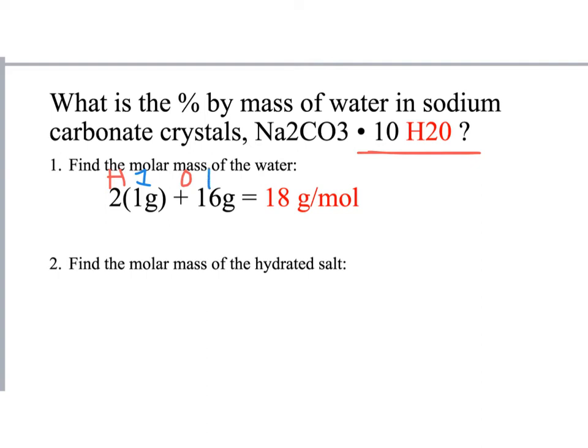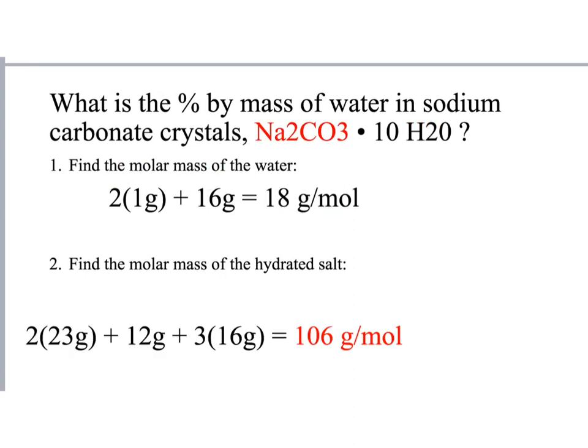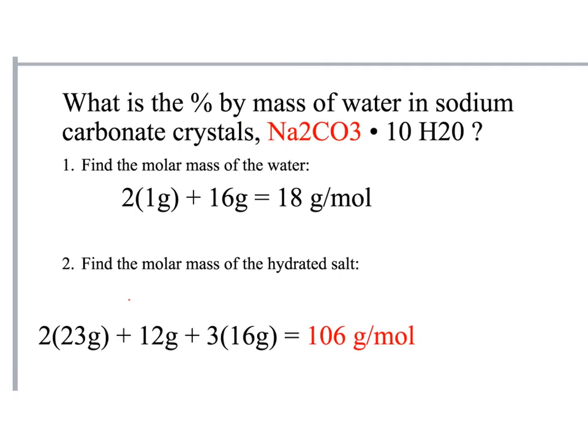The next step that we're going to take here is to find out the molar mass of just the salt portion. So what you're seeing here is the number of each of those that you have, 2 Na's right here, times their molar mass, plus the 1 carbon that you have times its molar mass, plus the 3 oxygens that you have times their molar mass.